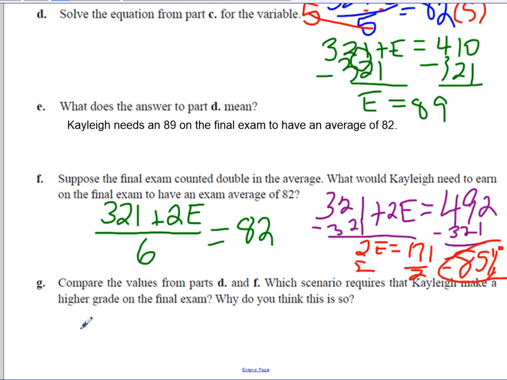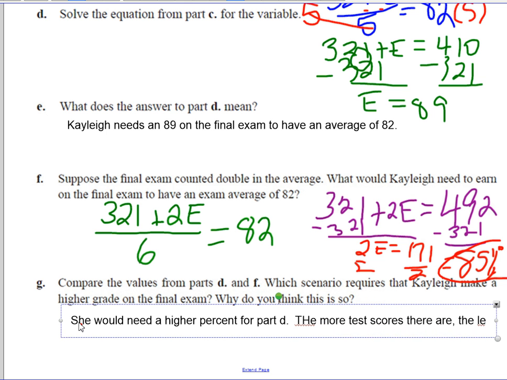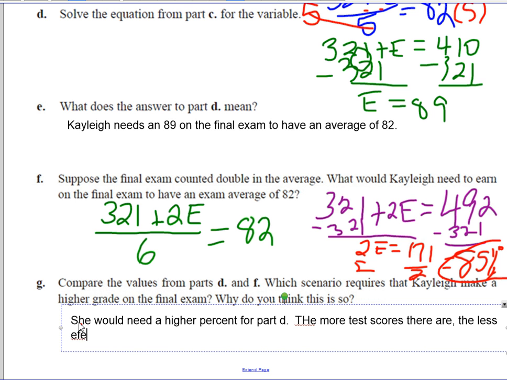So compare the parts of those answers. In which scenario does she need the higher grade on the final? She would need a higher percent for part A. And just like in averaging anything, the more test scores there are, the less effect a lower score makes.